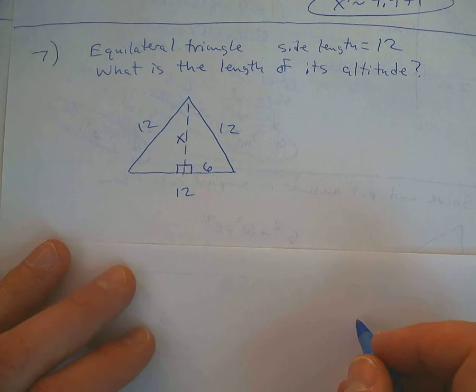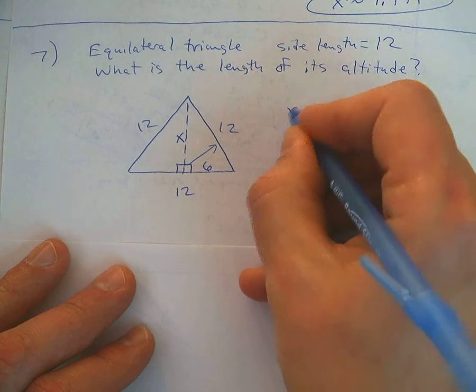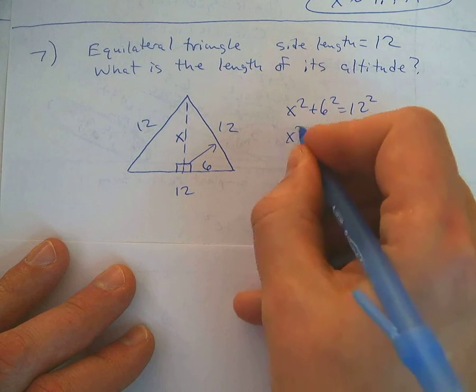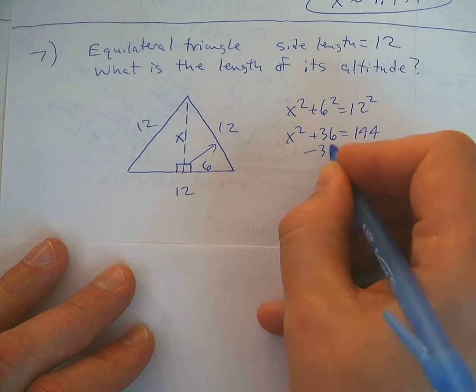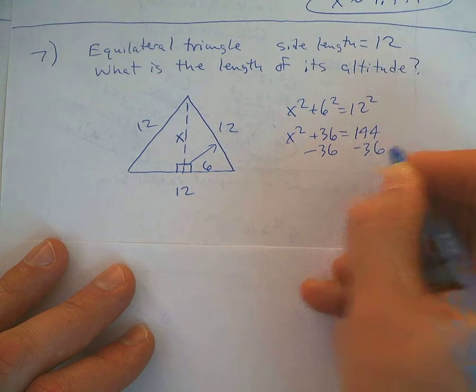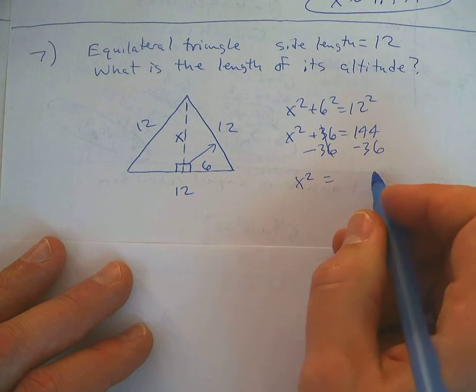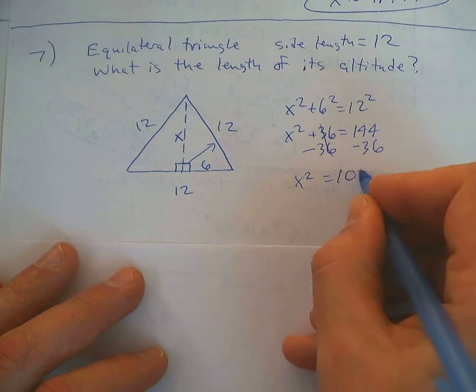So we're going to use Pythagorean theorem. Again, the hypotenuse is 12, so x squared plus 6 squared equals 12 squared. So we get 36 here, 144 here. Subtract 36 from both sides, we get x squared equals 144 minus 36, which is 108.